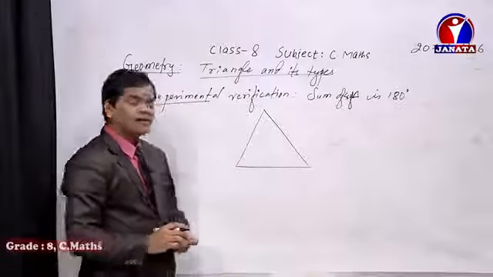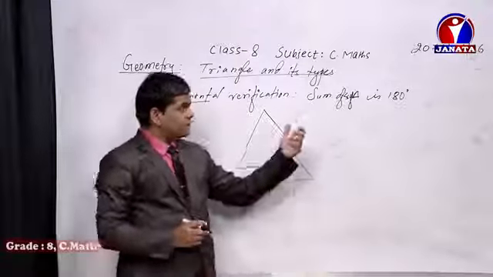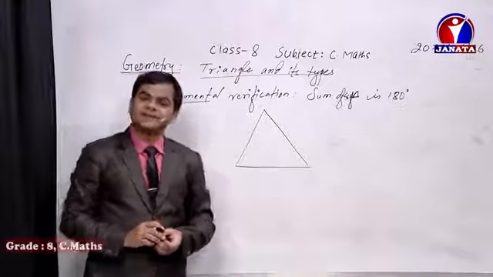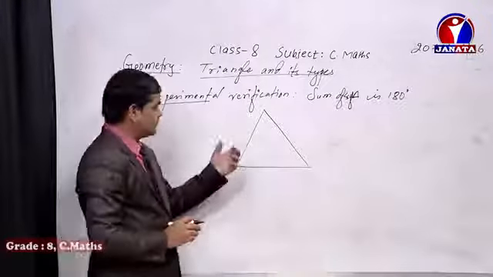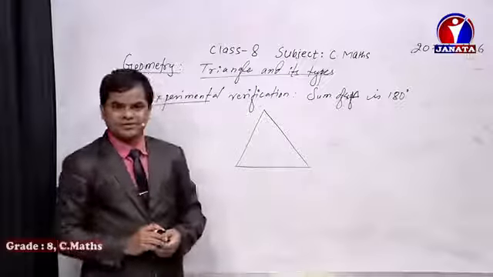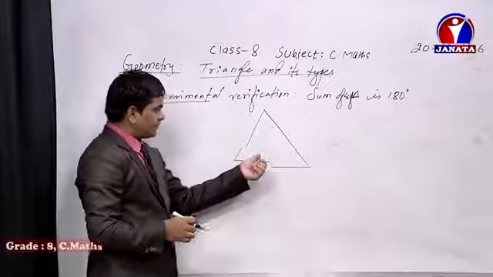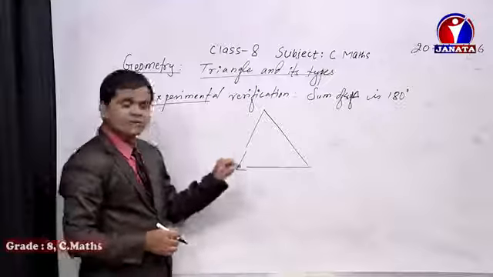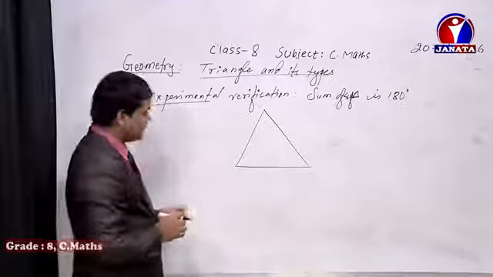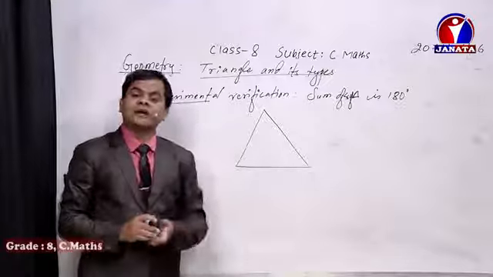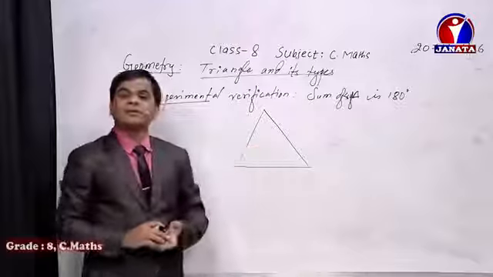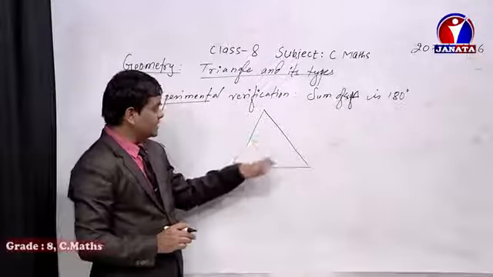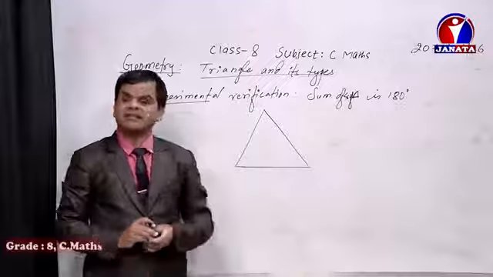So to find the correct measurement of all three angles, we need to use the scale as well as compass as well as pencil whenever necessary. I have used my soft hand, but do not use it, dear student; you need to use your scale and pencil while making the triangle. But the size of the triangle you can make bigger or smaller. It isn't necessary that you make the same size triangle.